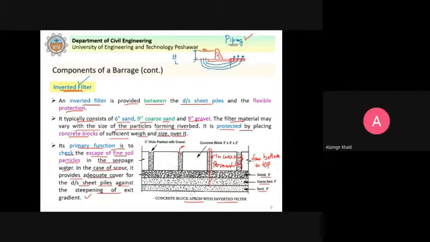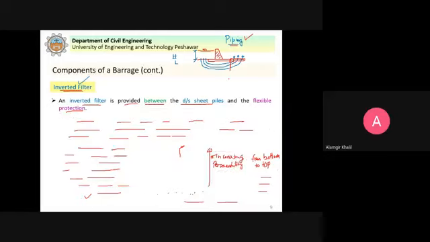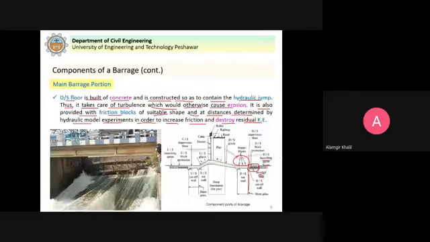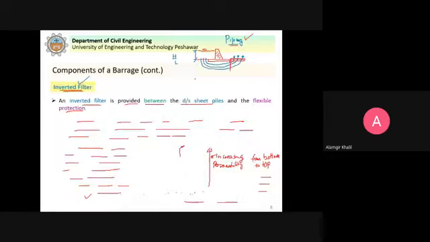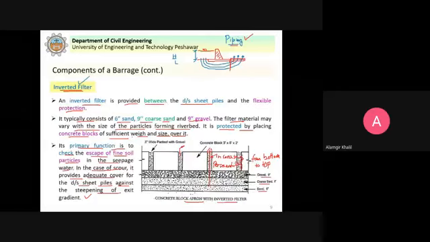You see that this is the sheet pile, as you saw in the previous figure. So you see that this inverted filter as well as this apron provide protection against scouring also. So in case of scour, it provides adequate cover for the downstream sheet piles against the steepening of exit gradient.